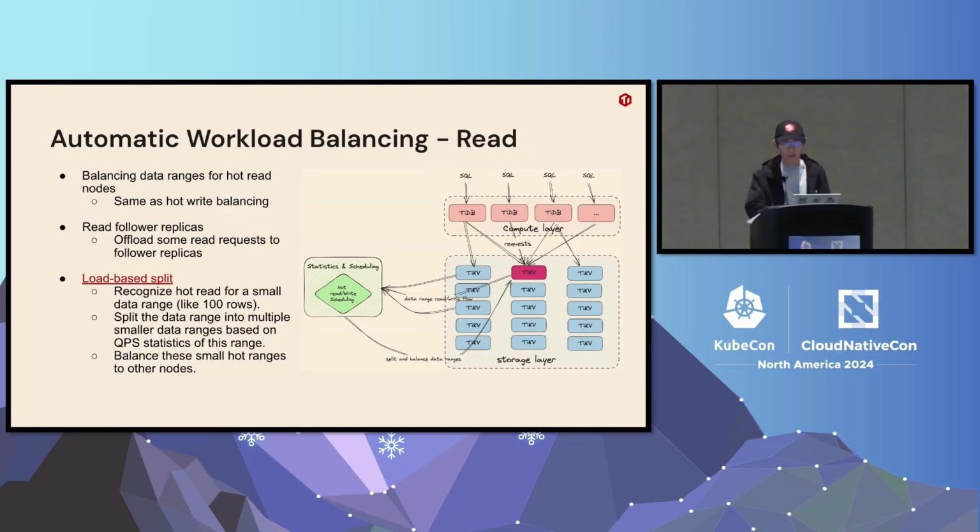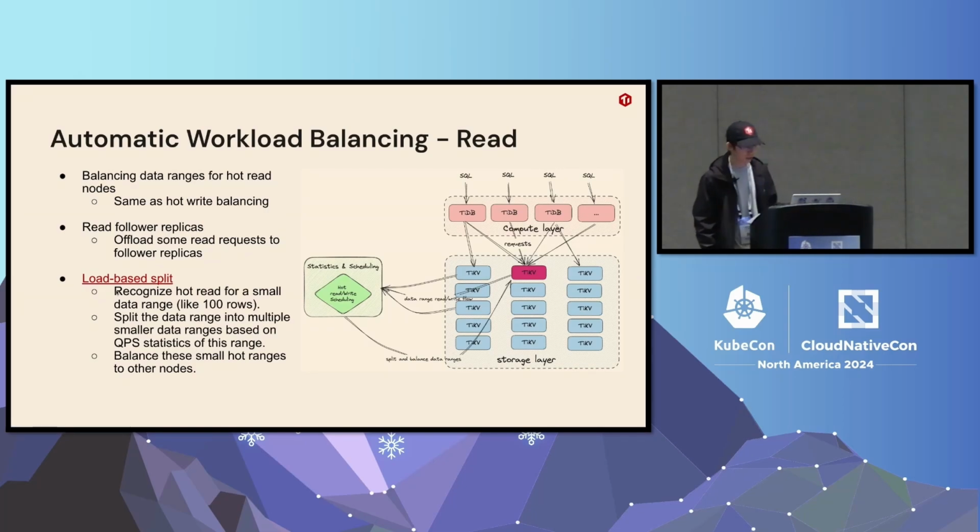And for the read part, we basically handle it the same as the write part, but there is some slight difference. For example, if there is a high throughput for a single data partition, it's already small. Like there is a 100 row table, and it's very hot. So we introduced a feature named load-based split.